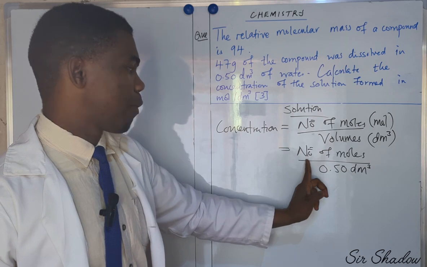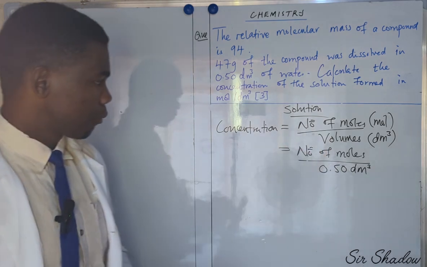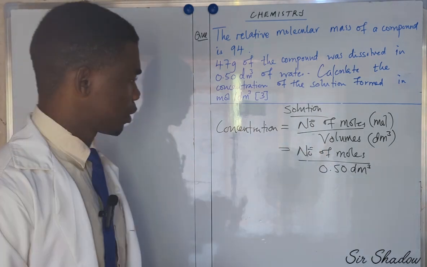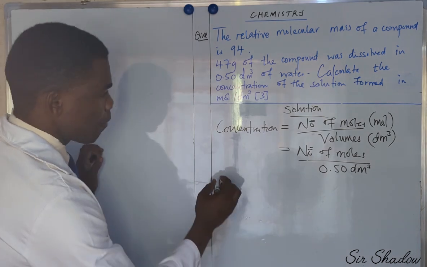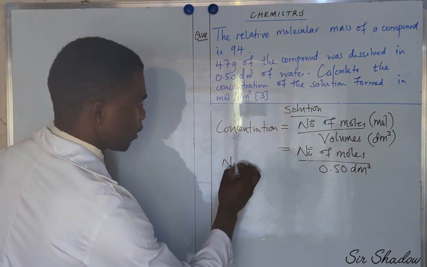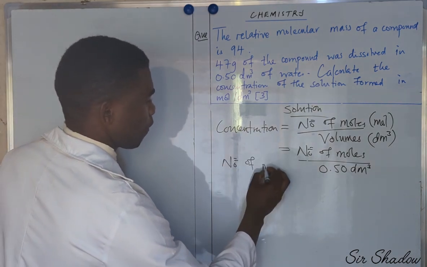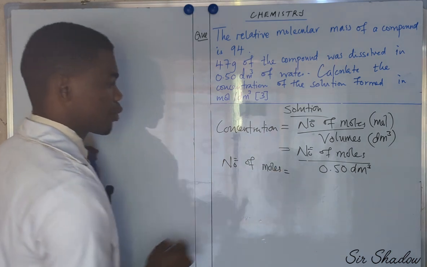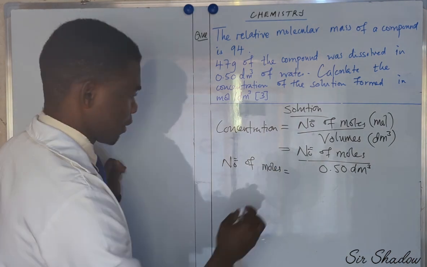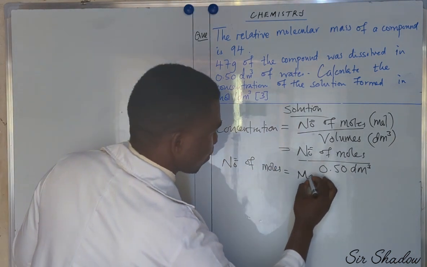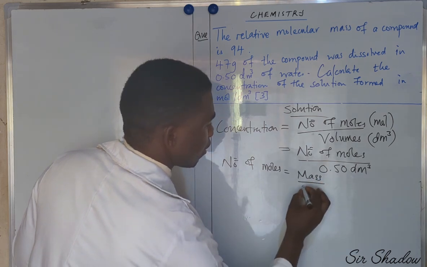To calculate the number of moles, we then substitute here. How can we calculate the number of moles? Number of moles is equal to mass over molecular mass.